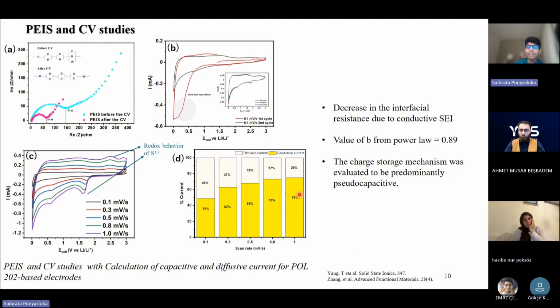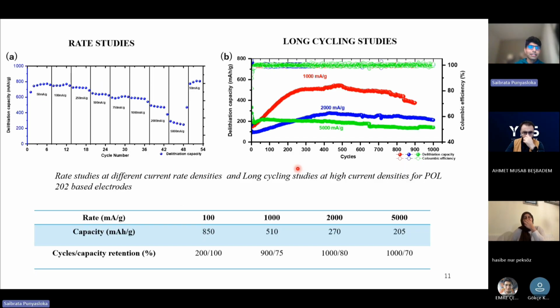So 75% of the current that we observe is from surface storage, and only around 25% is getting inside and giving us a current. That is the basic understanding of a pseudocapacitive material.